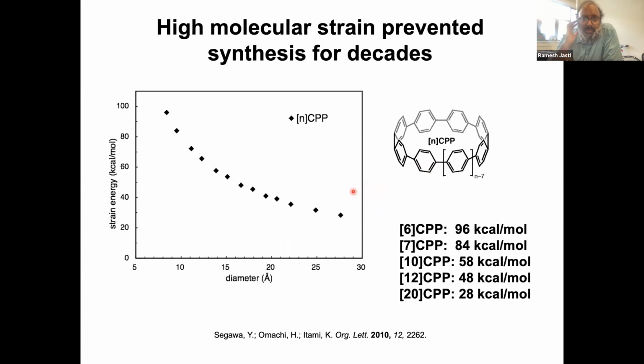And the reason is, if you look at this molecule, the acronym in brackets here is NCPP, where N is the number of phenylene units in the cycloparaphenylenes. So it's an all-phenylene macrocycle that's linked in the para position. Because of this geometry, each phenyl ring must be non-planar.